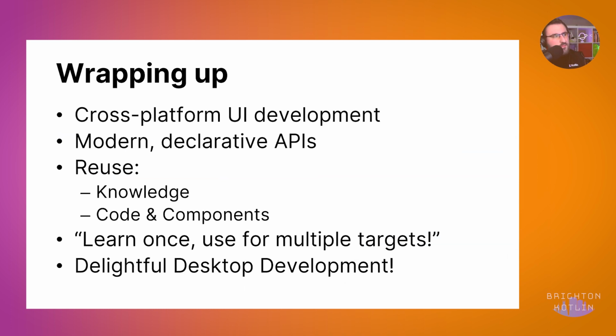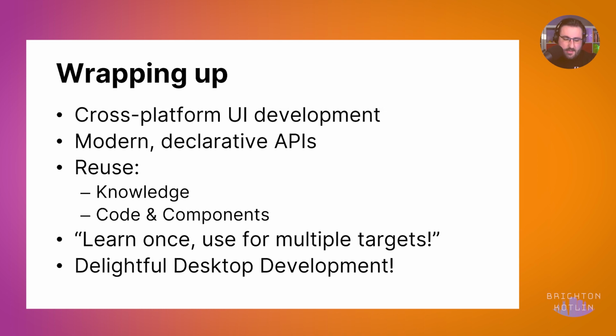So let's wrap this whole thing up. What have we seen today? When we think about Compose for Desktop, we really get a nice way of doing cross-platform UI development using modern and declarative APIs.